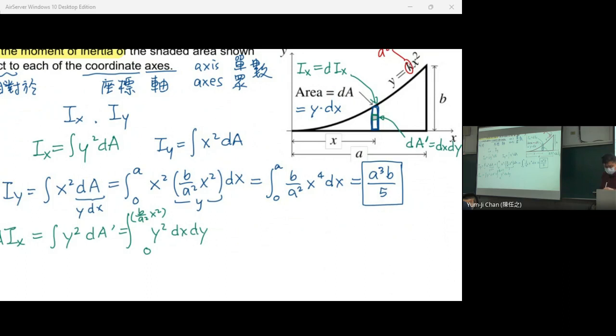Then it is equal to 1/3 of b over a squared, all times x squared, to the power 3 dx, which is equal to b cubed over 3a to the power 6 x to the power 6 dx.